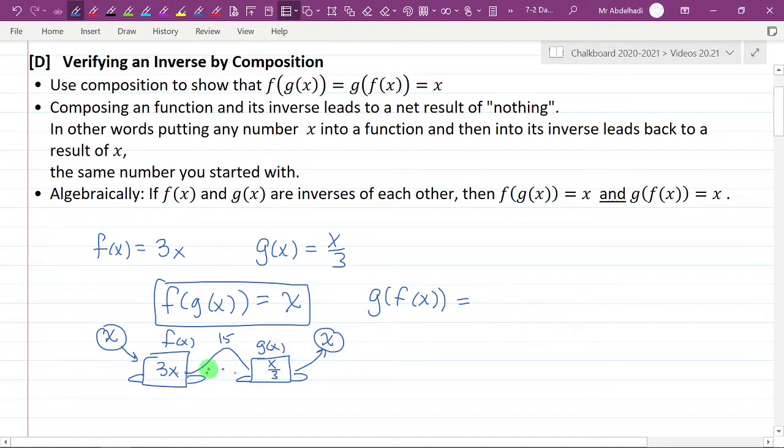I could switch these around, but I don't really have to. You can see that if you took a number, divided it by 3, and then multiplied it by 3, it would still be the same number. So here's the requirement for two functions to be inverses: if you compose them in both directions, you will get an x for both. That's the logic behind what we're going to do now.